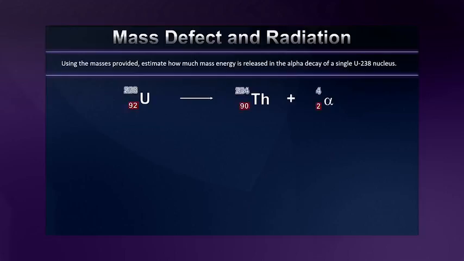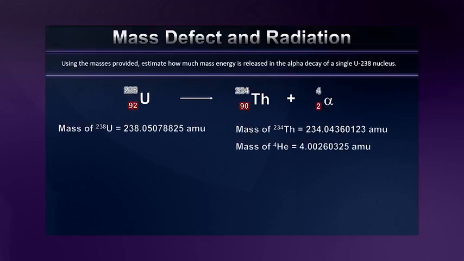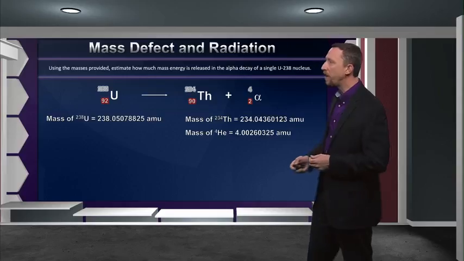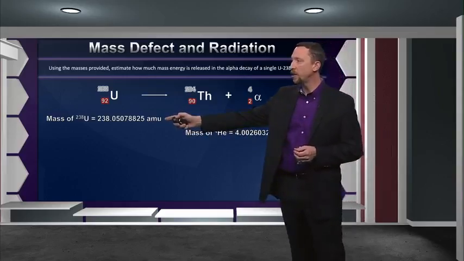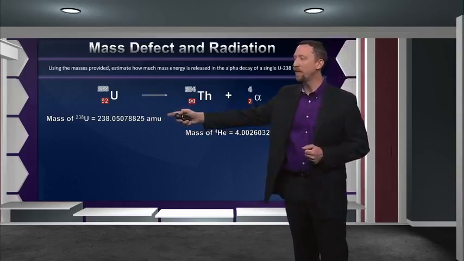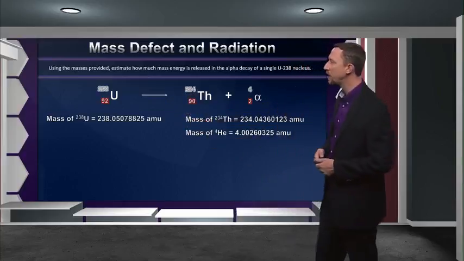Remember, the reaction that we saw was that uranium-238 containing 92 protons and a total of 238 nucleons will decay into an alpha particle, which is a helium nucleus, leaving behind 90 protons to make thorium with a mass of 234. Now, if we measure the actual nuclear masses of these three species, we find that the mass of uranium is 238.05078825 atomic mass units.